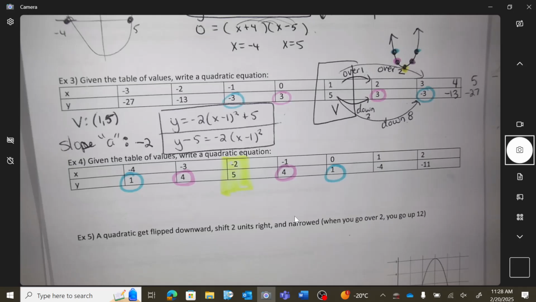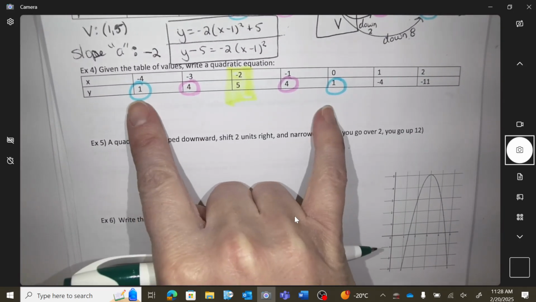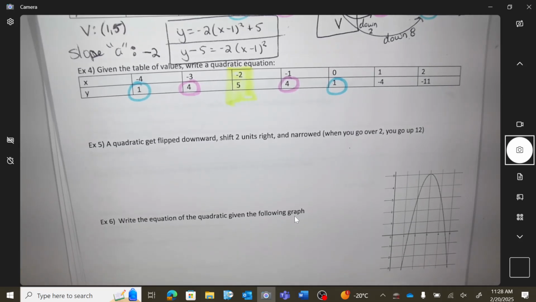Okay, so I found my vertex. I had some partners with this thing and this thing, so then that ended up in the middle alone.